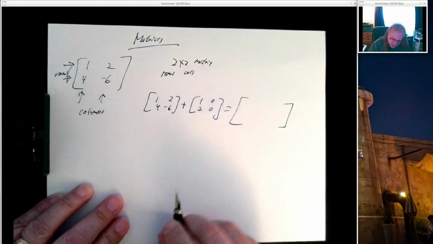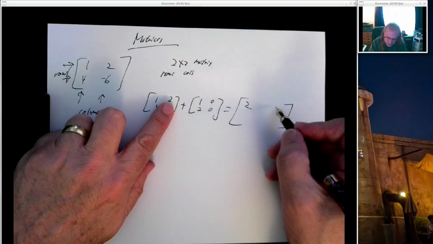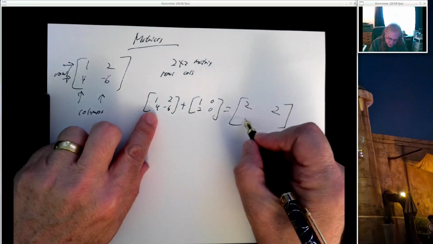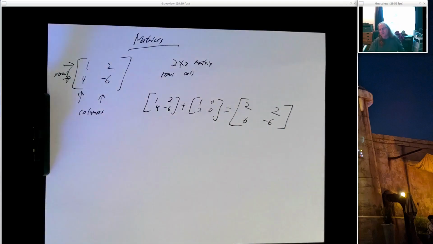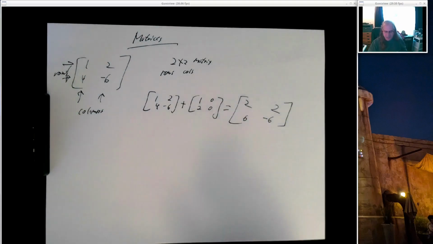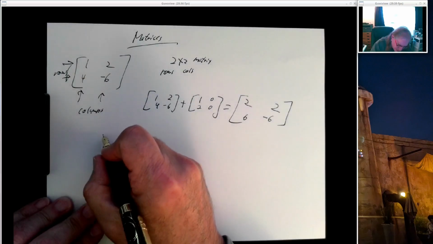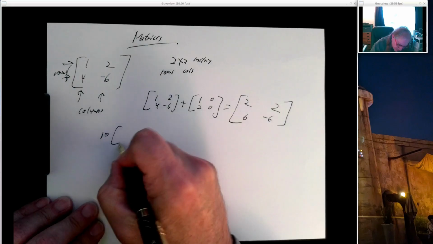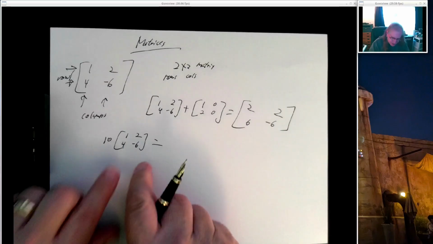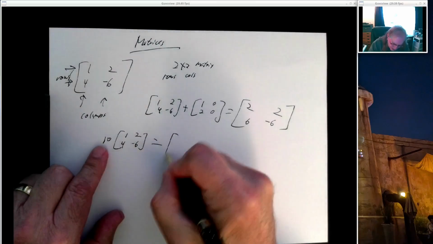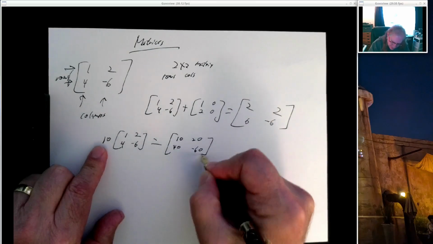And to add two matrices, just add element by element. 1 plus 1 is 2, 2 plus 0 is 2, 4 plus 2 is 6, negative 6 plus 0 is negative 6. There's our addition. We can subtract exactly the same way, and we can multiply by numbers by just multiplying element by element. So if I want to take this matrix and multiply it by 10, I get 10, 20, 40, negative 60.